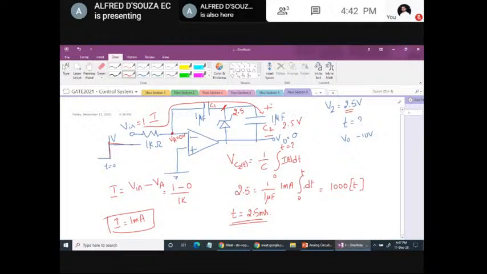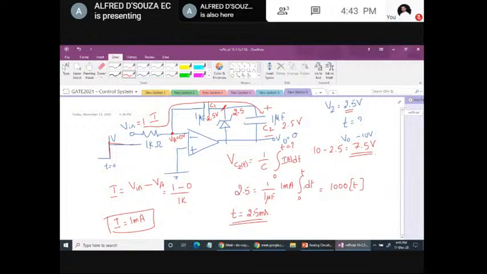So this has to cross 10. How much is still remaining? 10 minus 2.5, that is 7.5 volt is still remaining. C1 would have been charged to 2.5 volt at the same time, so it has to charge some more, 5 more volts.